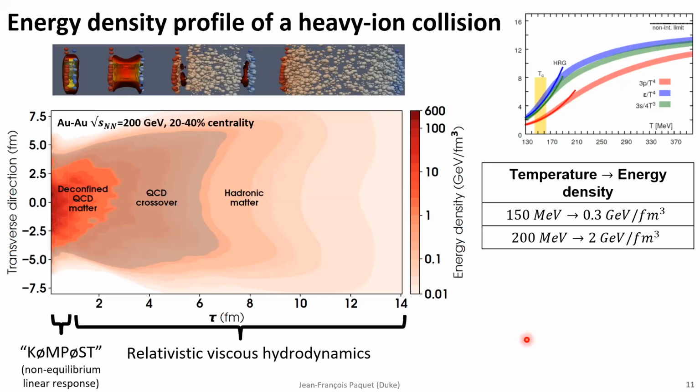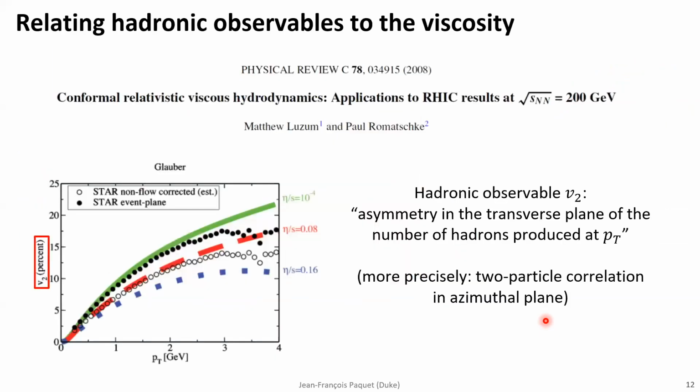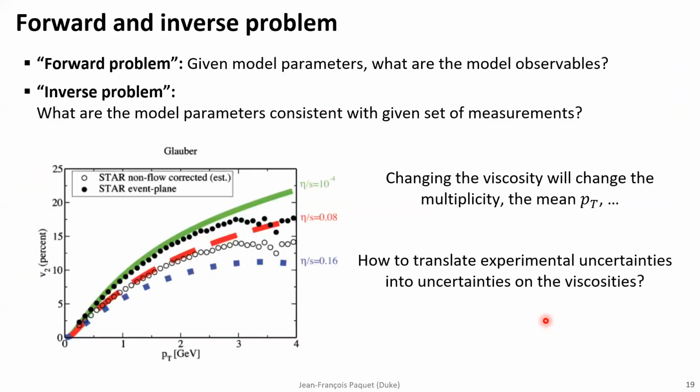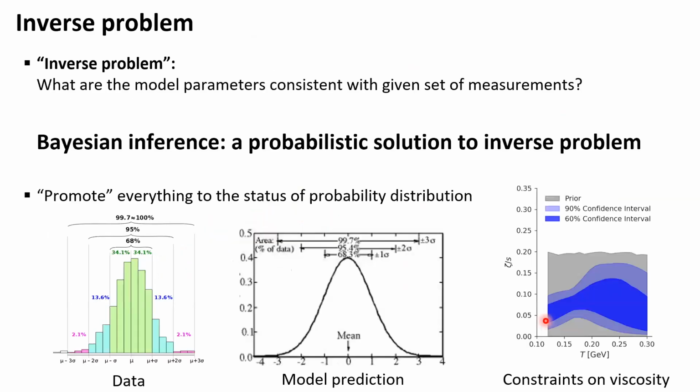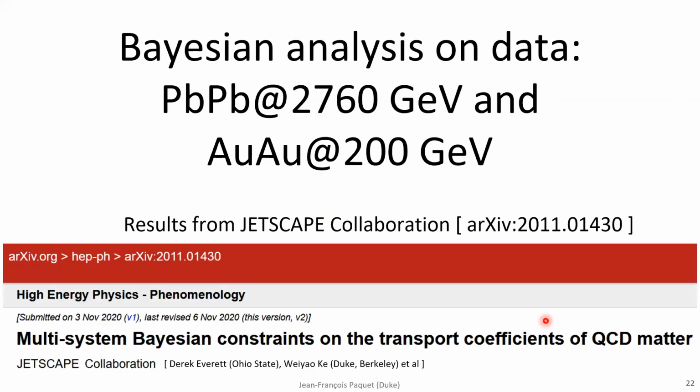I have a little bit more of a photon-related question. So you've shown a few plots where you have the eta over S as a function of the temperature. But what then about the temperature as a function of time, and also related to the experimental observables that we can actually obtain?